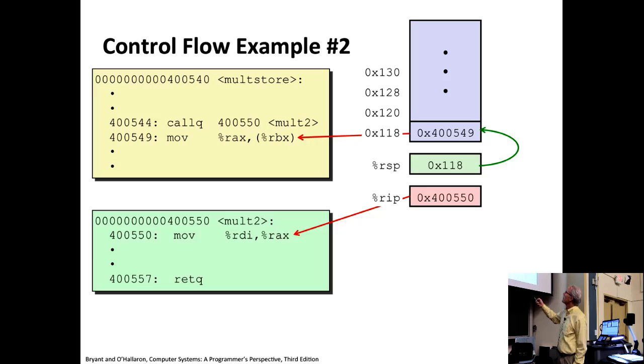I don't have the actual encoding, but you see that the call instruction is 5 bytes long, and embedded in it is the target address. It will take that address and use it for the new value of the program counter. So the call does both the pushing of the return pointer and setting the program counter to the new target.